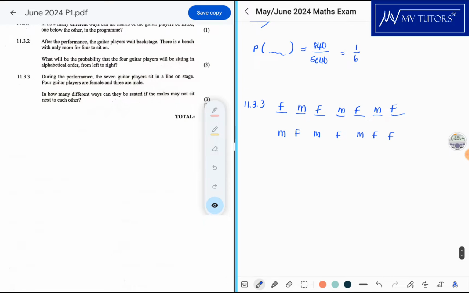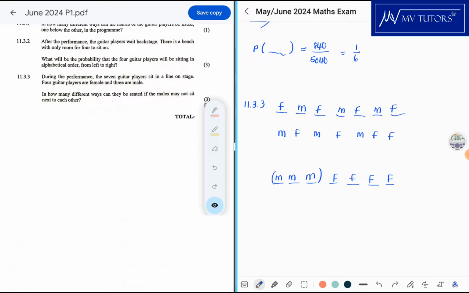How I normally approach these questions, I would rather look at what happens if you have the males sitting next to each other. Okay, so you have the males sitting next to each other, and then you have the females there. However way you would put it, the males could also sit here or sit there. So what would happen if the males would sit next to each other?